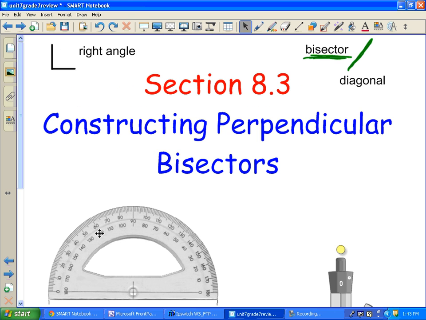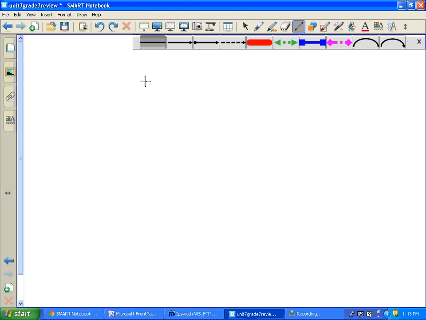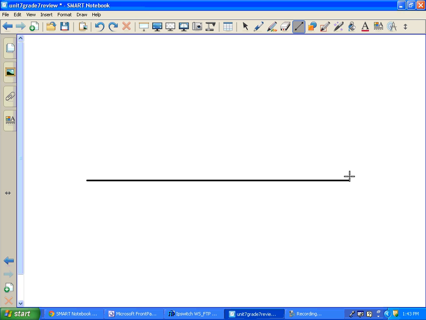So let's do it using a ruler. And I think I'll just put a straight line there first. So let's do a straight line going right across here. Now, what I want to do is I want to bisect or cut this line in half, but I want it to be straight up and down, or in other words, perpendicular.